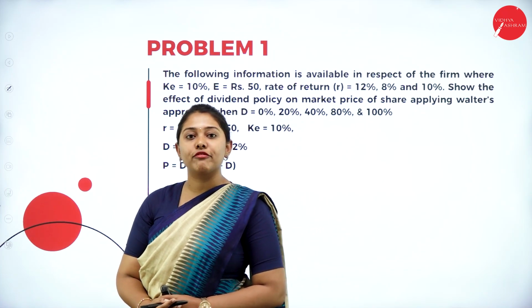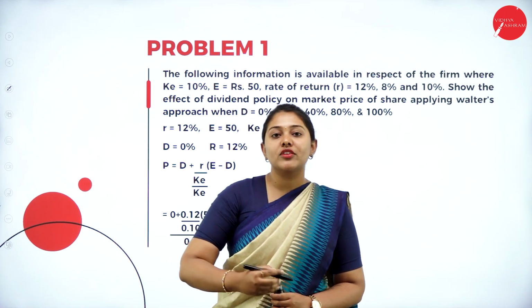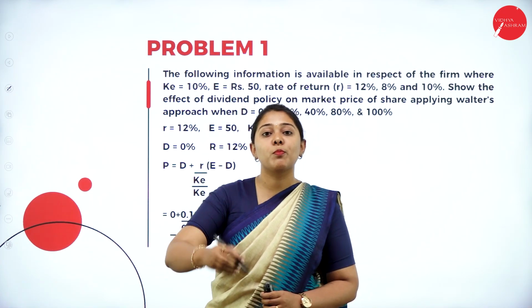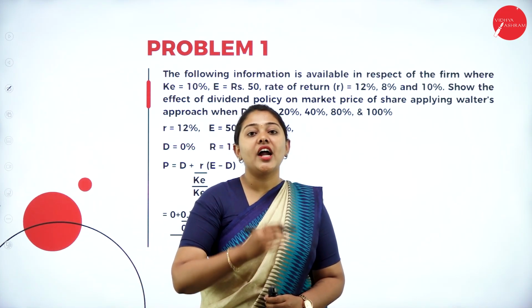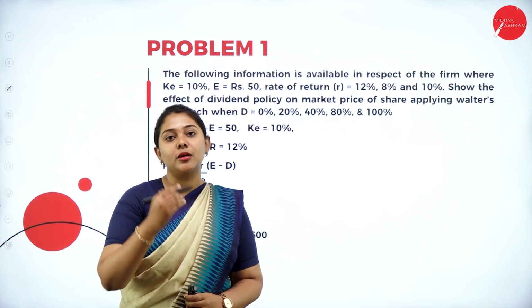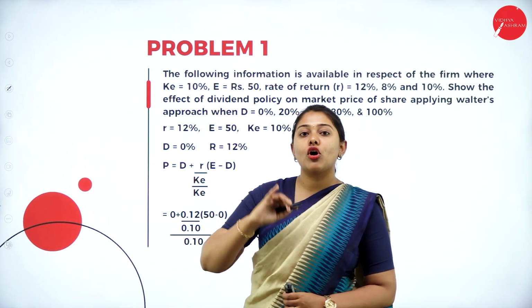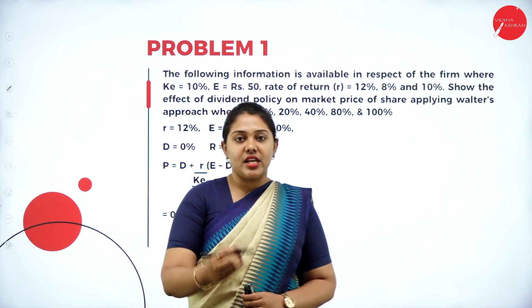That is called dividend policy. Dividend policy is the company's or the firm's policy to decide what portion of profit has to be issued as a dividend and what amount has to be retained by the company itself.